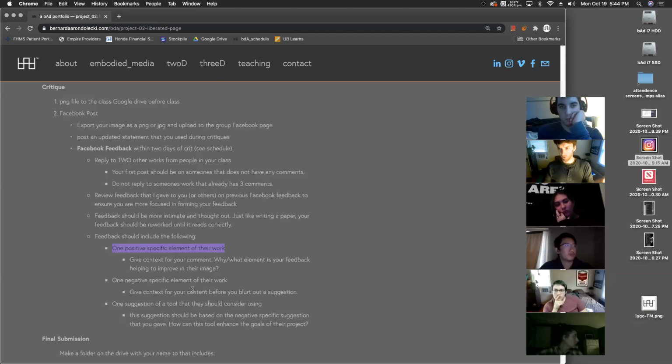The goal here is that we don't need to give tons of random comments. We're trying to think of the one main element of somebody's work that deserves to be talked about, and then the positives and negatives about that one specific area. Similar to when you give a comment in class, you're not going back and forth. We're trying to talk about one thing.